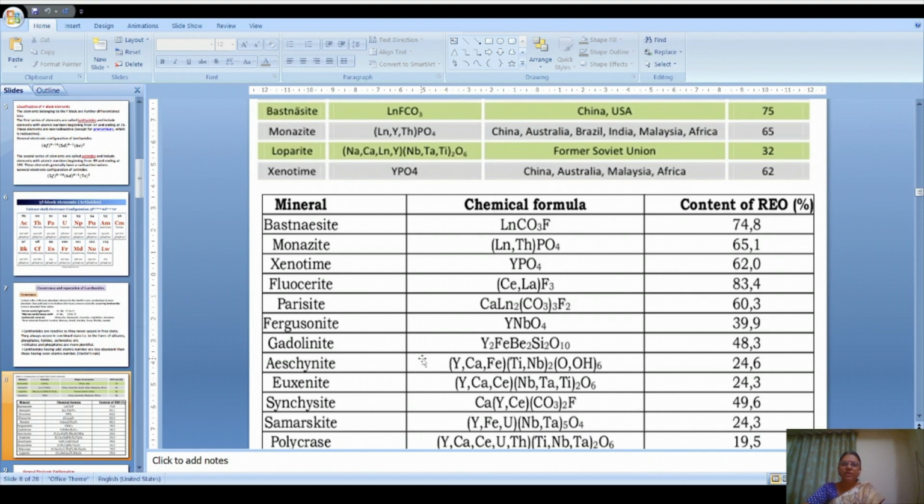Now these are the minerals of lanthanide elements from which we can extract the metal. The important minerals are bastnasite, monazite, xenotime, etc. and their chemical formulas and content are given, and these elements occur in China, USA, Australia, former Soviet Union, Africa, Malaysia, etc.